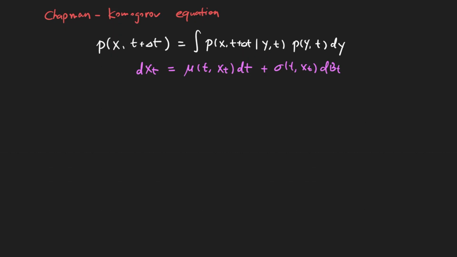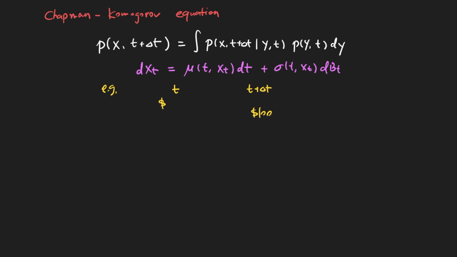Let me give you an intuitive example. Suppose we have a stock process. It's just saying that at t plus delta t, if our stock price is $100, we just need to sum over all scenarios at time t.